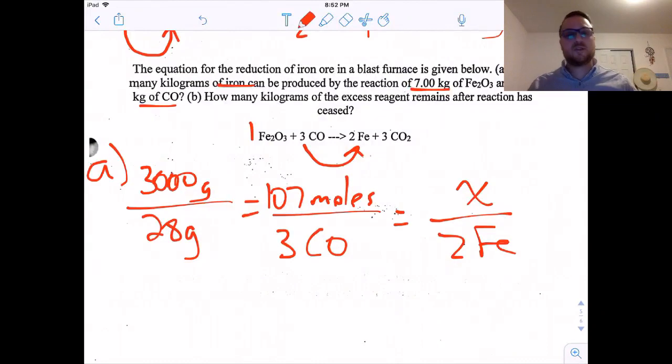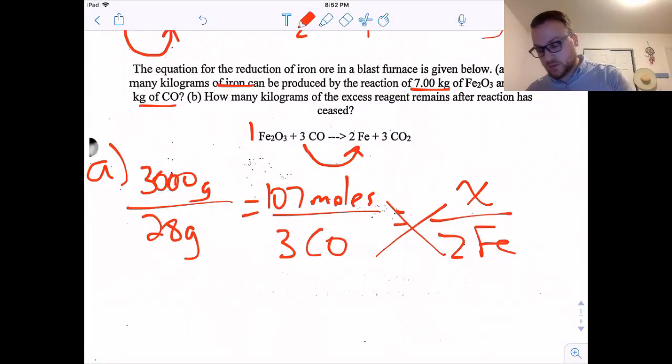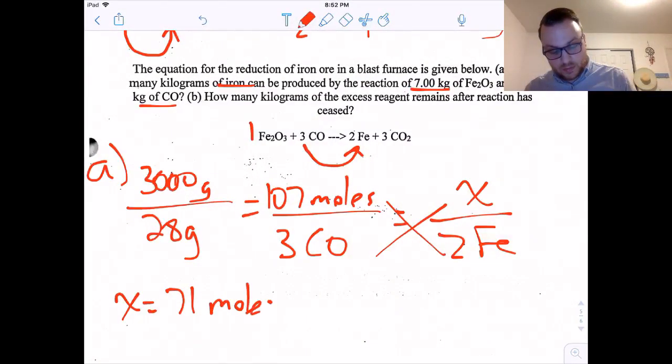You cross multiply and divide. So I'm going to do 107 times 2, 107 times 2 divided by 3. And you get 71 moles of iron. Question wants kilograms of iron.